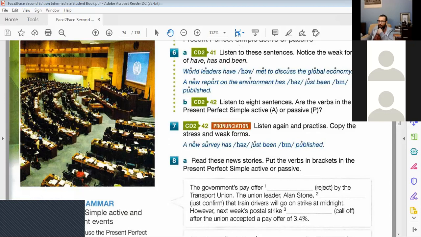The pay offer has already been rejected. Passive. That's right. 8. The workers have already rejected the pay offer. Active. Yes. Active.